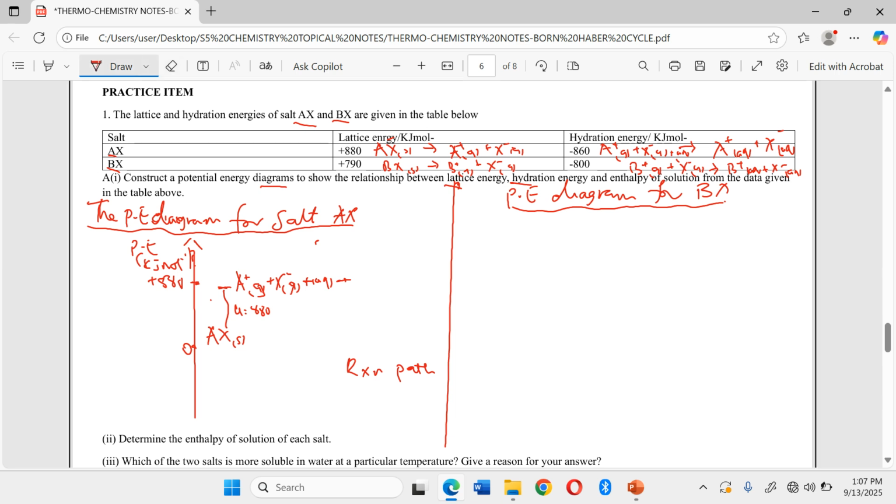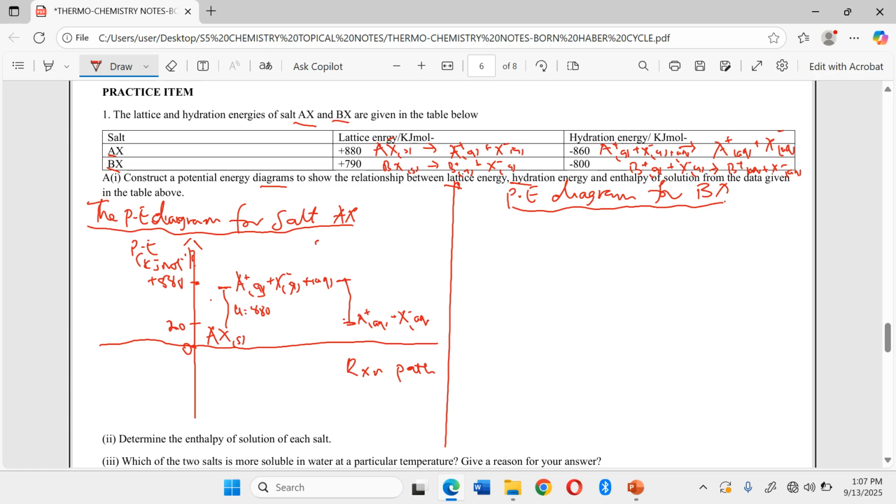Okay, sorry about that. So we had our line here. Our line was here. If this is 880, when we subtract 860, it will reach somewhere here, where there is 20. At this point we are forming our aqueous ions, A and X aqueous ions.